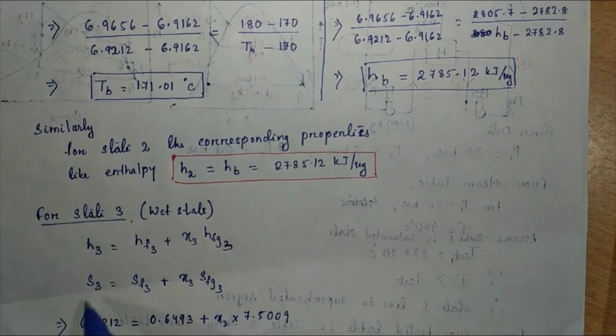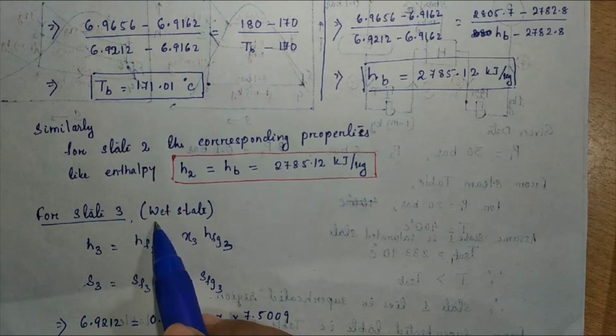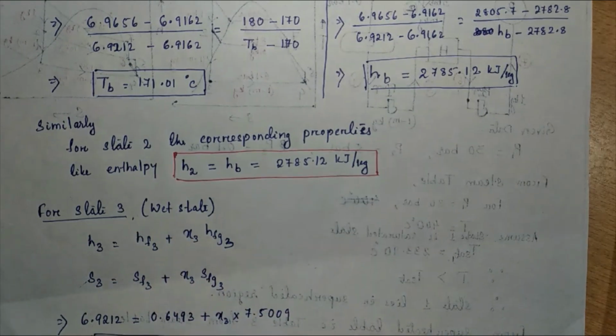So see, first I use this expression for S3. So I know that S1 equal to S2 equal to S3. So that value we already found out, 6.9212. And SF3, this value we get from the steam table. For state 3, what is the pressure? For 0.1 bar, I have to find out for 0.1 bar.